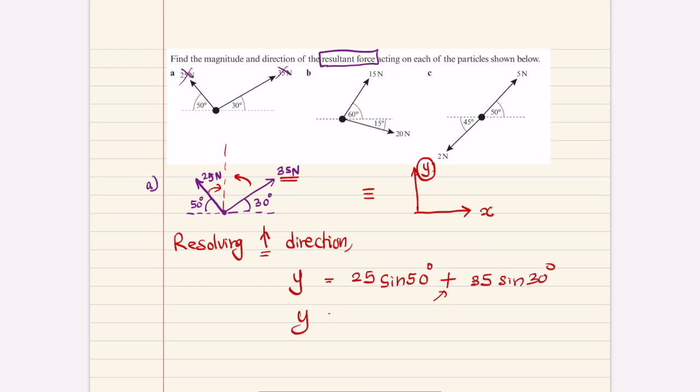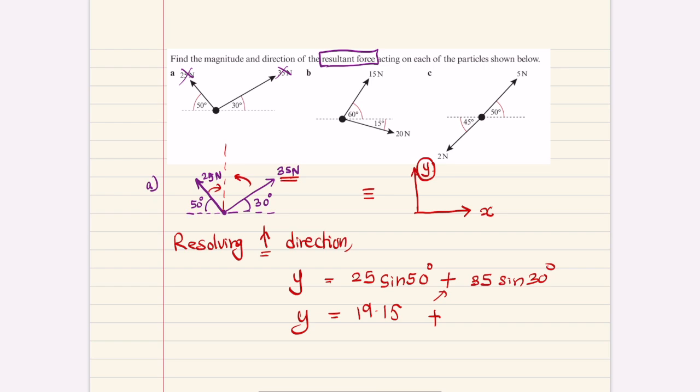Now type this straight away in the calculator. 25 sin 50 is going to be 19.15, plus 35 sin 30. I will type it straight away in the calculator so that I can get the answer.